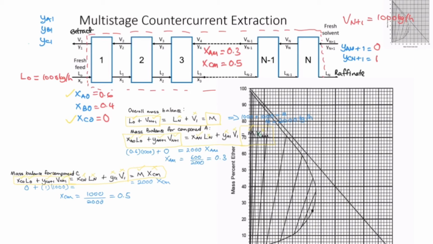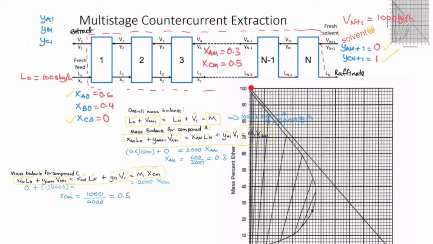Next is to look at your extract, because you have complete information. Your information here consists of A and C. So you can plot the coordinates for V(N+1). The coordinate of V(N+1), when your A is 0, your C is 1.